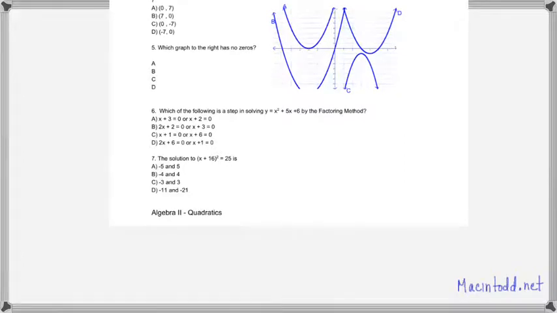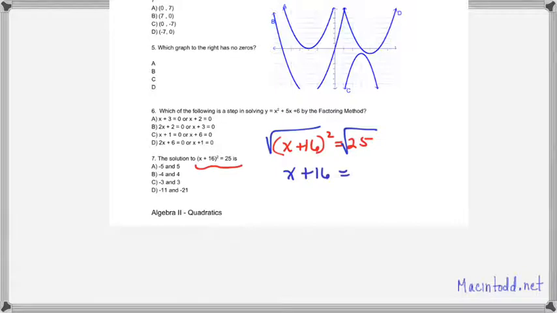Alright, question 7, the solutions to this equation right there. Notice in this equation, x plus 16 squared equals 25. We got a perfect square on the left-hand side. So I would solve this by square rooting both sides. X plus 16 equals, when you square root, you get plus or minus.